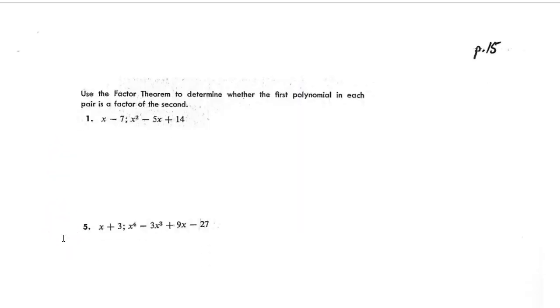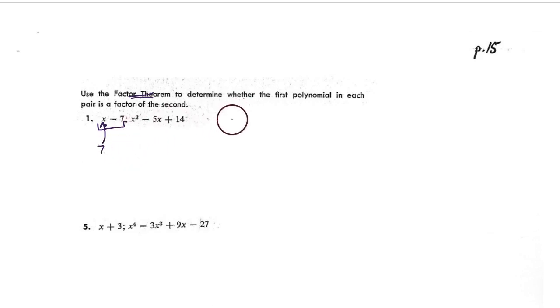Next one, use the factor theorem. The factor theorem was a fast way to see if this binomial divides evenly into that without using long division. To use the factor theorem, you're going to figure out what is the answer for x that you minus 7 from and get 0. Like, what number minus 7 makes 0? That would be 7.